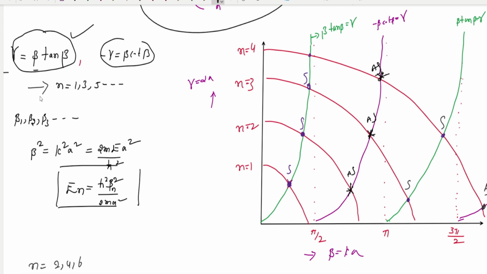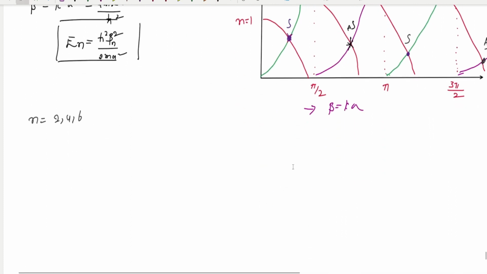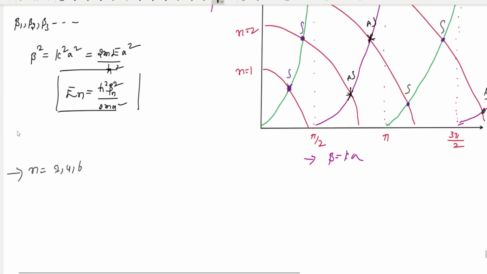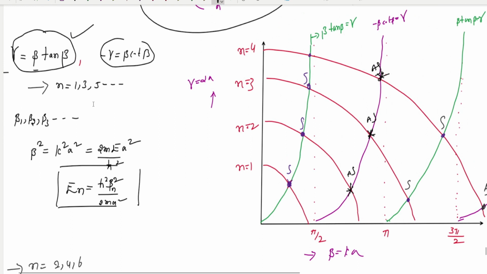So these are the beta values. After finding out this graph, you can understand this: n equal to 1, 3, 5. So why am I taking n equal to 1, 3, 5? From the graphical representation I took this. N equal to 1 I got here.